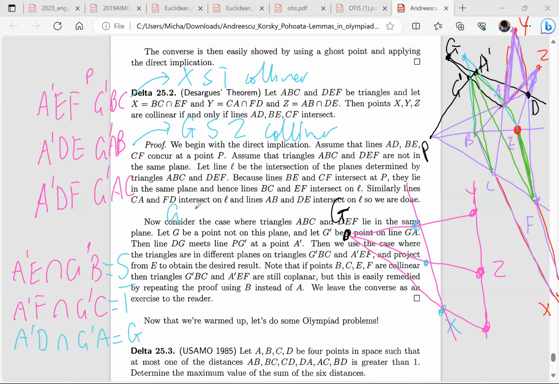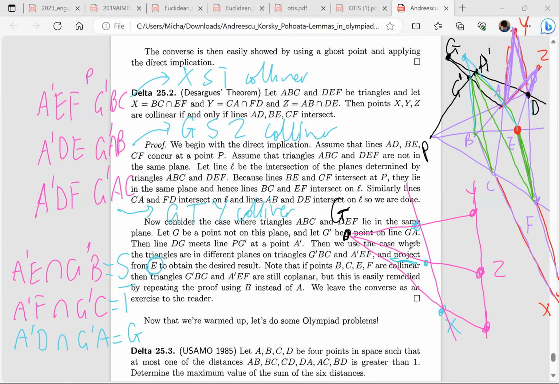And the other one gives you G, T, and Y are collinear. There's actually a typo in the book, I guess. It says project about E, but it means project about G.